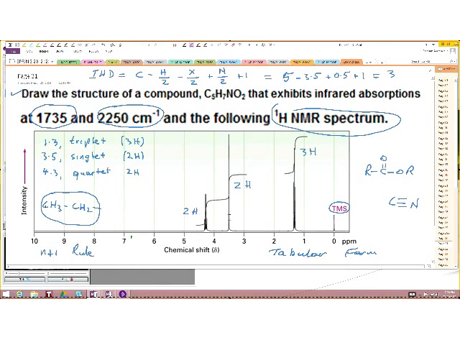We have 1.3 triplet, 3 hydrogen. They complement each other, don't they? So we have an ethyl group in this molecule. We have a cyano group in this molecule. We have an ester in this molecule. So all we need to do now is put the pieces together, because all we need to explain now is this singlet, 2 hydrogens.